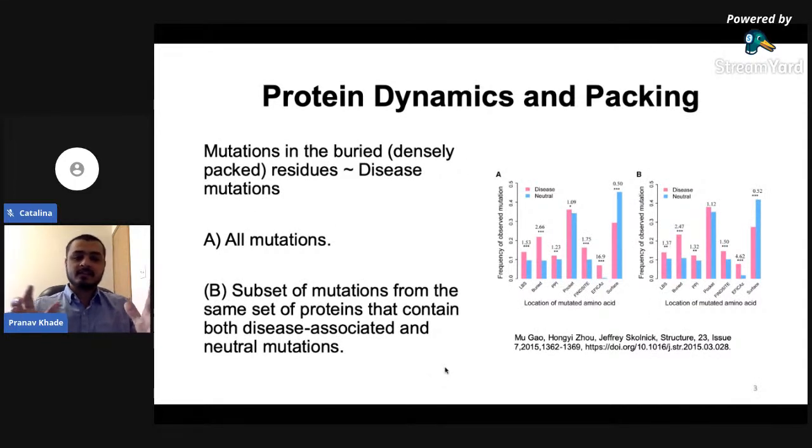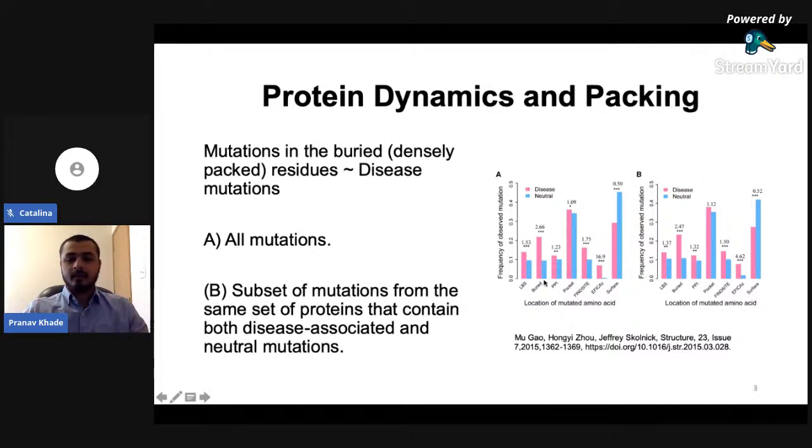Since this technique is completely based on protein packing, we have to see indeed if it has any effects on protein dynamics. Now on this graph, I want you to pay attention to the second bar graph, which is labeled as buried. You can see my cursor, right? All right, I assume you see my cursor. So these buried residues are basically the residues which are very densely packed.